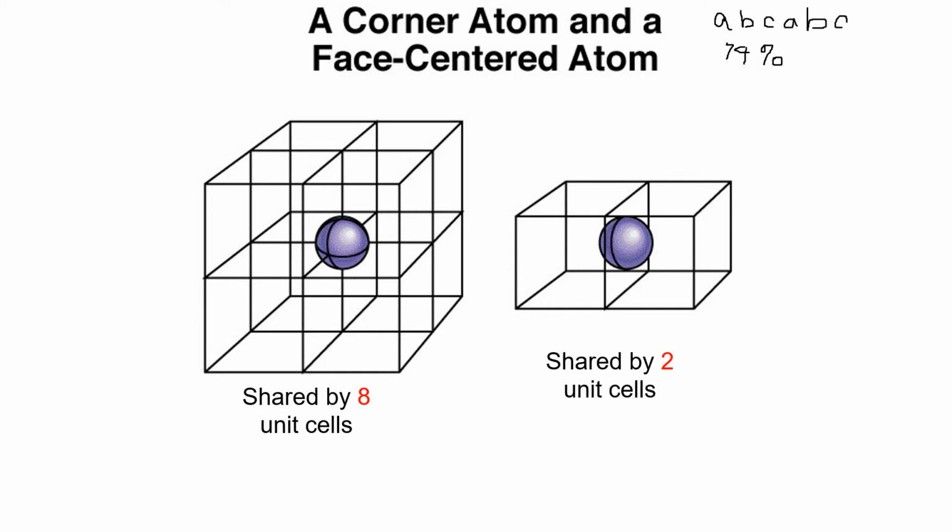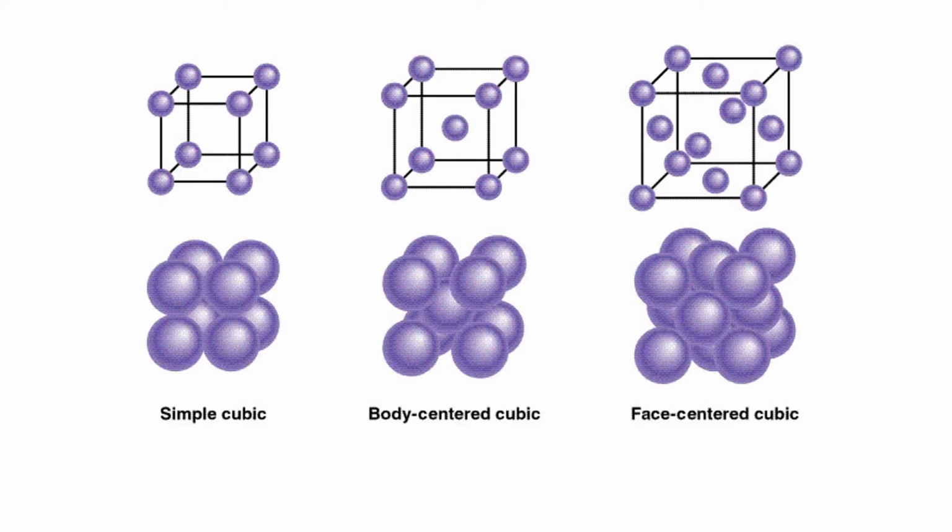This sphere is a corner atom. This is a face-centered sphere, so that's shared by 2 unit cells. So let me add a little more to the face-centered information here.